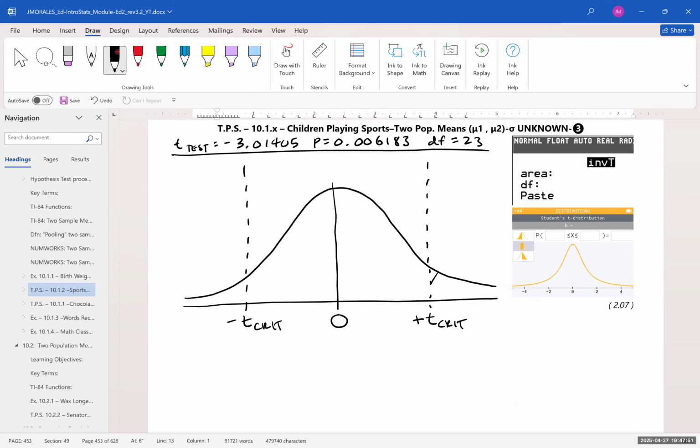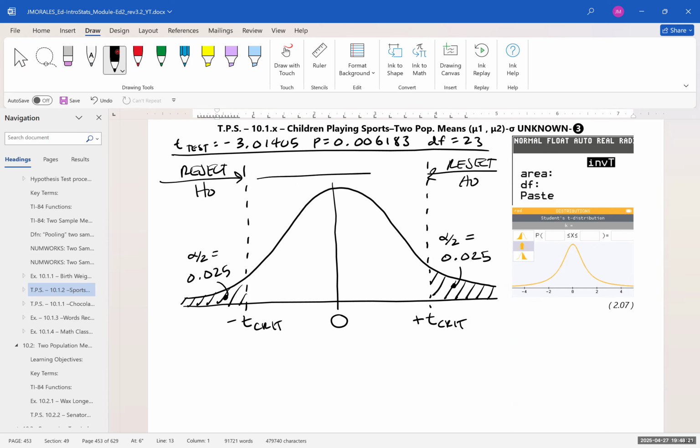Now the area in each tail is going to be the significance level divided by 2, which is going to be 0.025. And this region over the tail is going to be the reject the null region. And on this tail, too, is going to be rejecting the null. And in between these two, it's fail to reject the null.